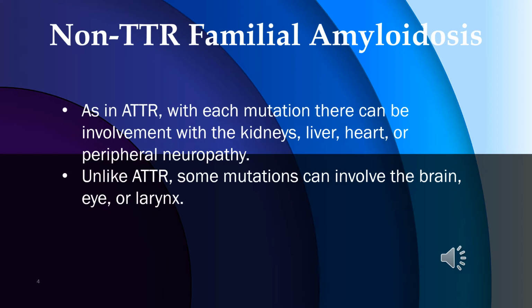Problems with the eye, problems with the larynx or the voice box. These are all different mutations that can come from this familial type. So we're going to go into that a little bit more, but I don't want to get too involved because I don't want to overwhelm you with information.